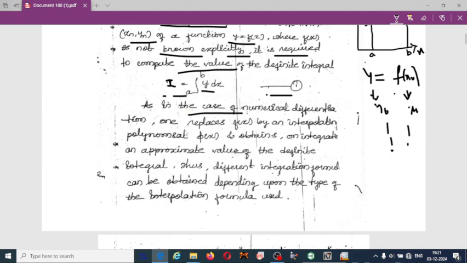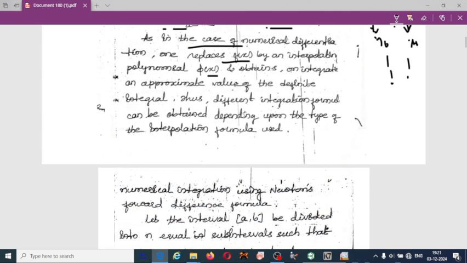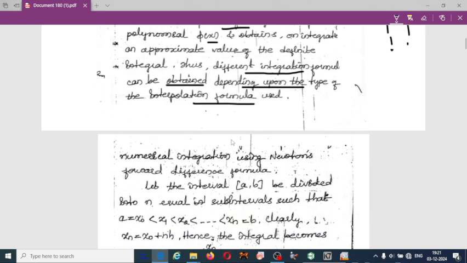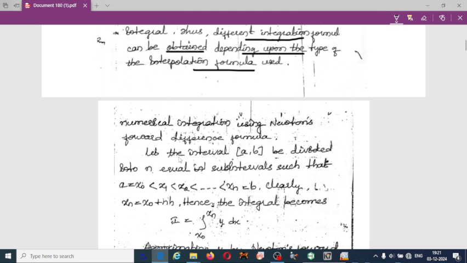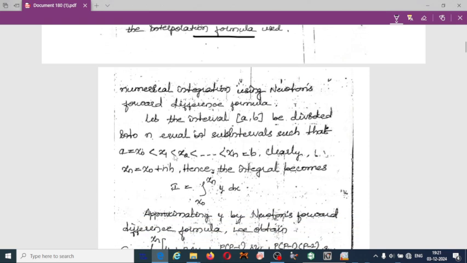As in the case of numerical differentiation, we replace f of x by phi of x. So different integration formulas can be obtained depending upon the type of interpolation formula used. As we come across the different methods, I will discuss in detail how we obtain them with the help of this general formula.